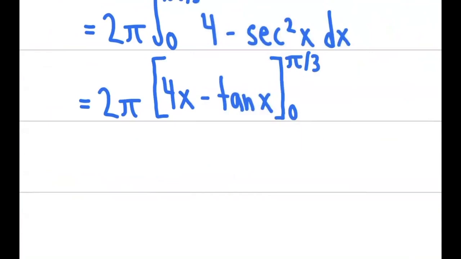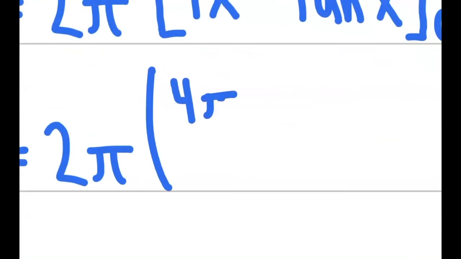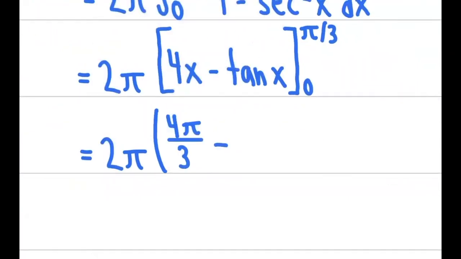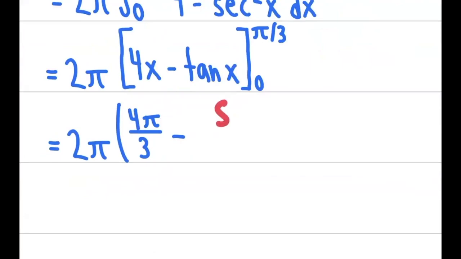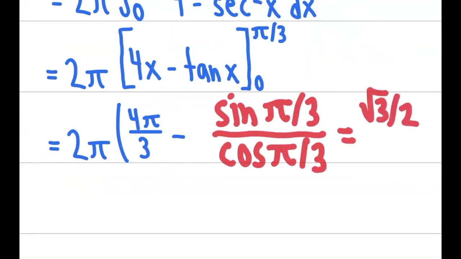If I plug in pi over 3 here, you just get 4 pi over 3 minus √3. Tangent of pi over 3 is sine of pi over 3 over cosine of pi over 3. Sine of pi over 3 is √3 over 2. Cosine of pi over 3 is 1/2. The 2's cancel, you just get √3.